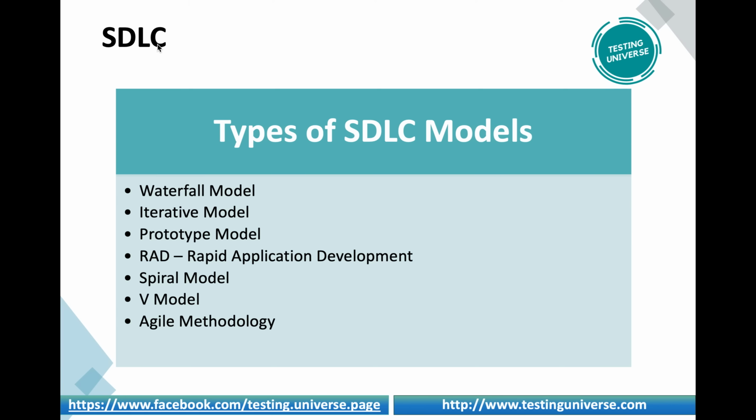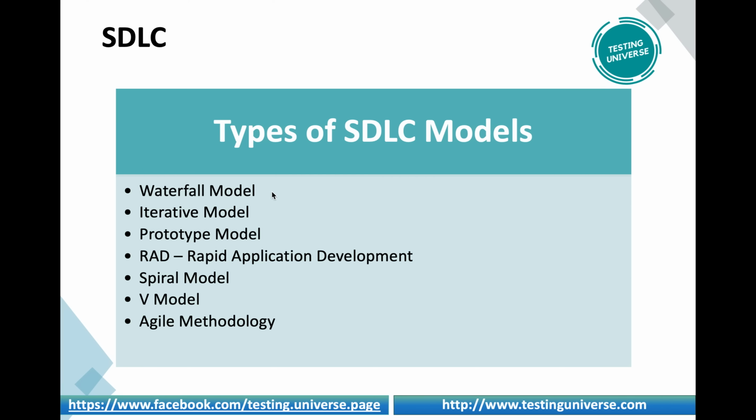In this particular software development life cycle, we have different models. Models are nothing but different approaches, right? For a small software, what needs to be the approach? For a big software, what needs to be the approach? Or for an enterprise software, what needs to be the approach? So there are different approaches or models, which are very standard and commonly used in the industry.